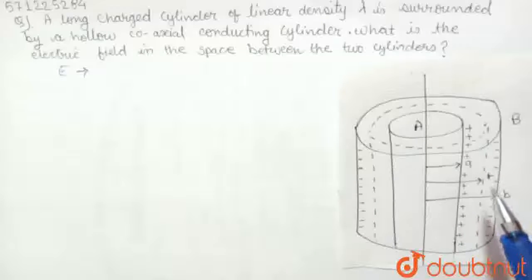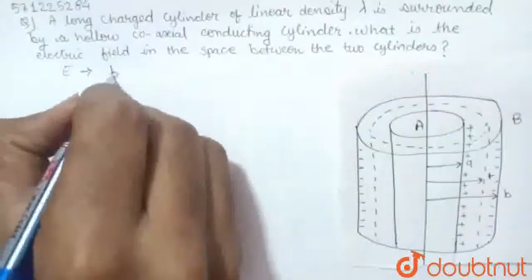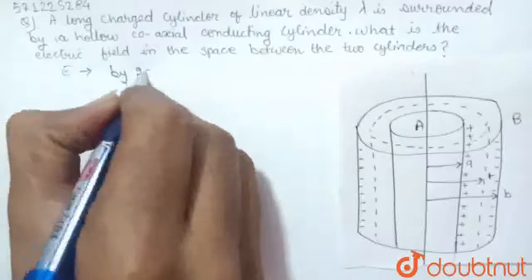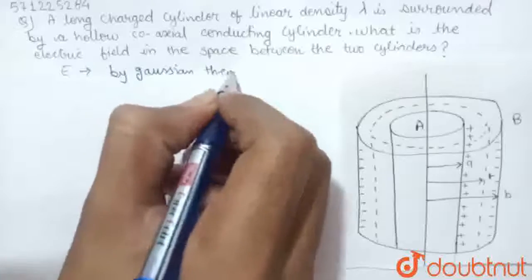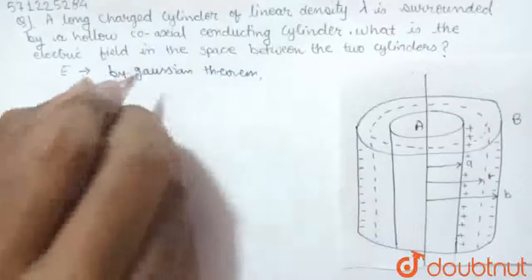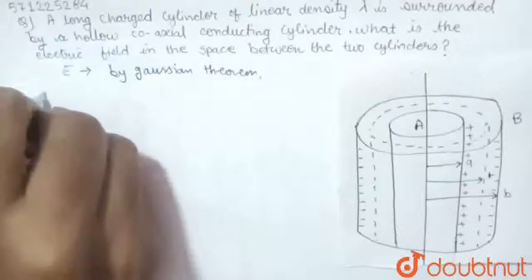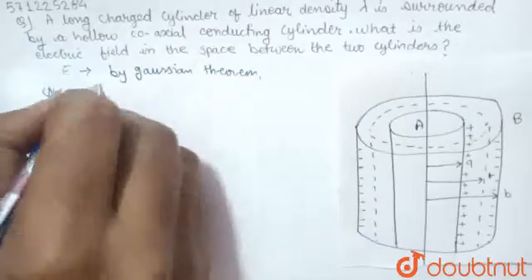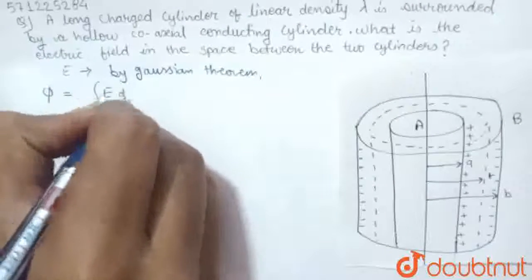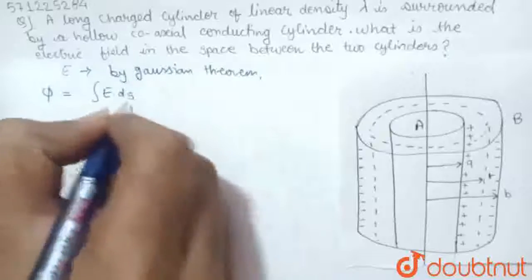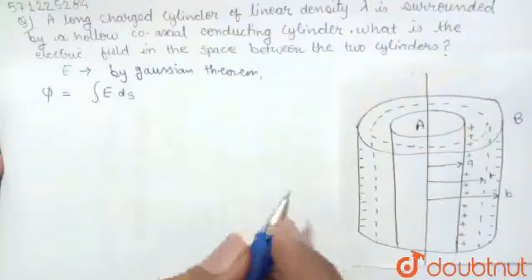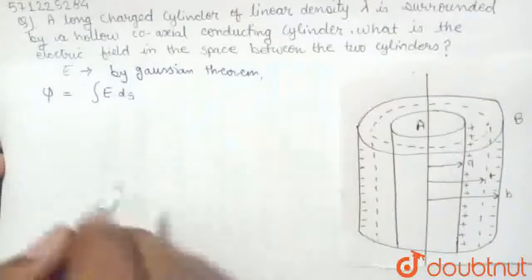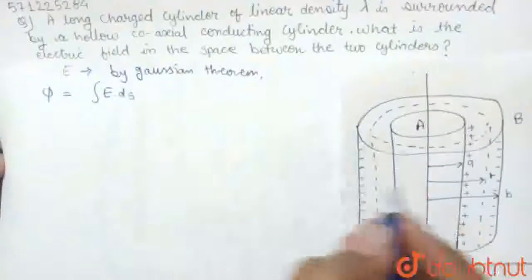By Gauss theorem, phi equals the integral of E dot dS, and dS is the surface area, which is 2 pi RL, the curved surface of the cylinder.